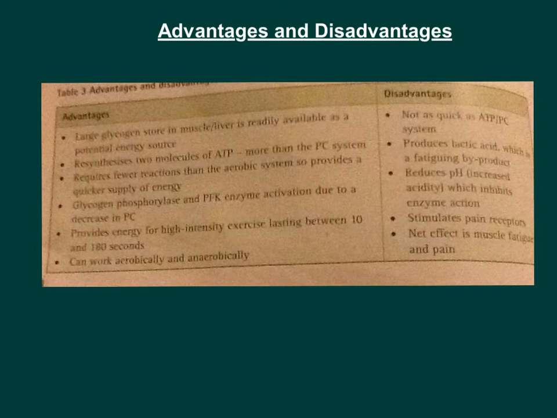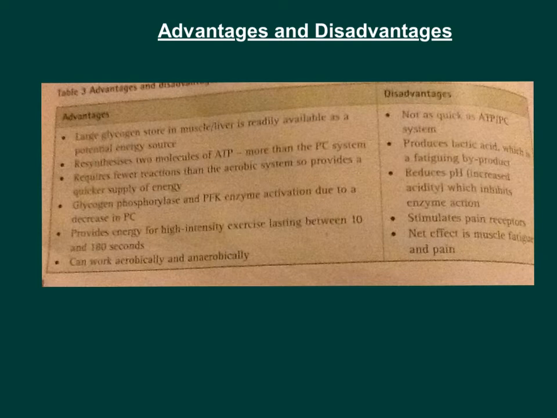Not just as quick as PC and the ATP-PC system, but still relatively quick. The second advantage is that the lactic acid system will resynthesize 2 molecules of ATP. Now, although this doesn't seem like a lot, and it isn't much in comparison to the aerobic energy system, it still is more than the ATP-PC system, and therefore you can exercise for a little bit longer.